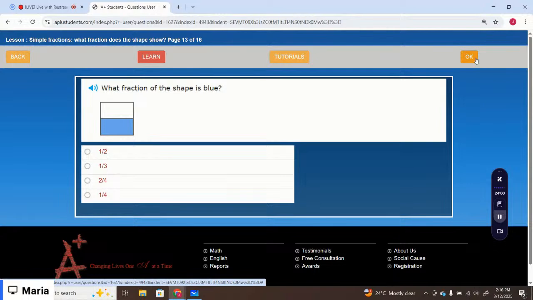What fraction of the shape is blue? That is 1 out of 2. The shape has 2 equal parts and one of them is colored. 1 out of 2 it is.